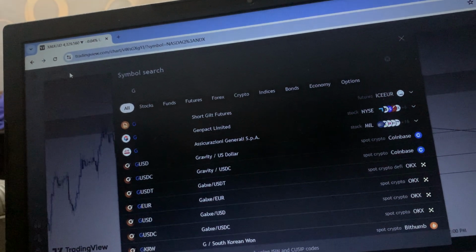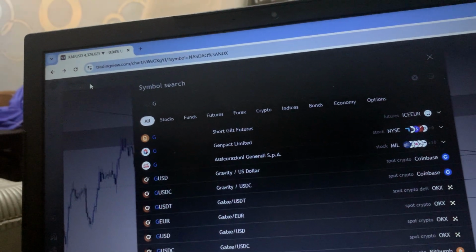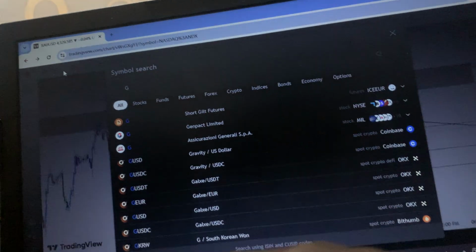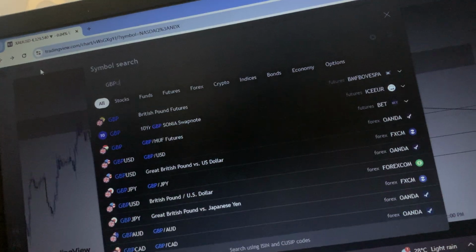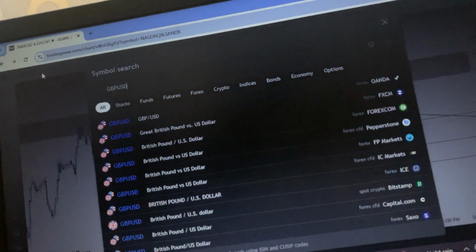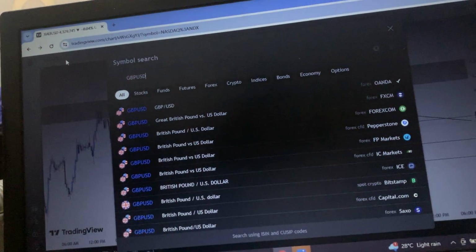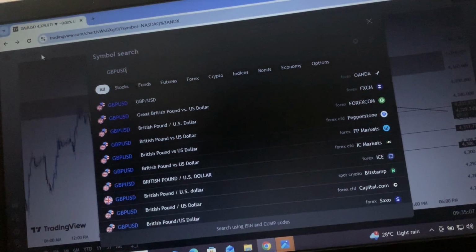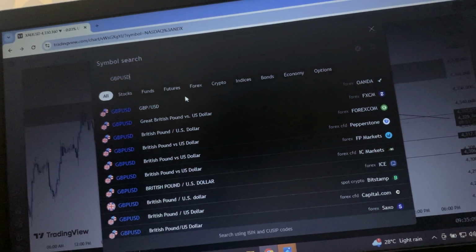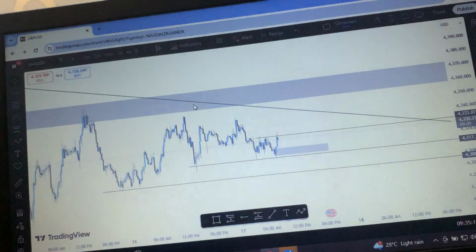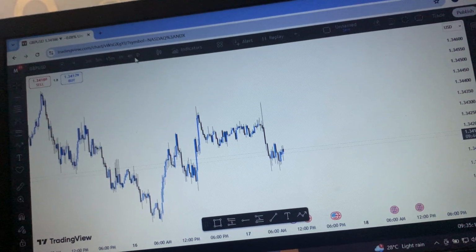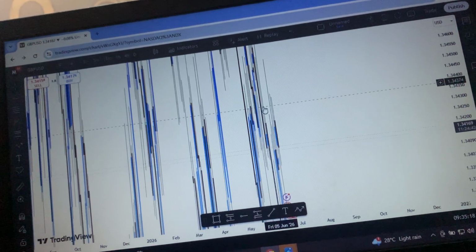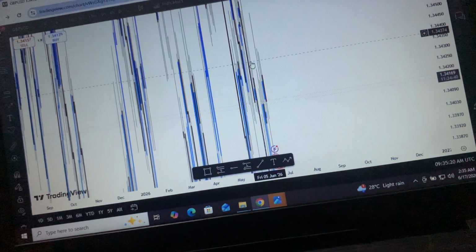So let us look at GBPUSD and see what is happening on GBPUSD. Let us go to the daily time frame straight and see what is happening.